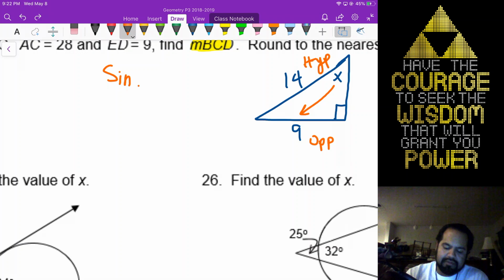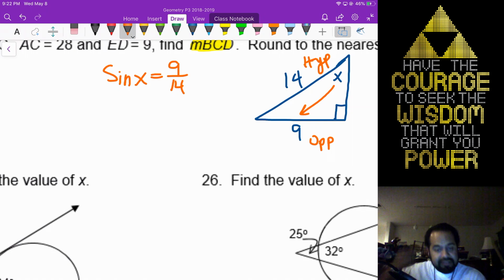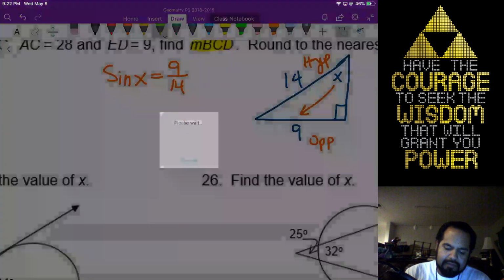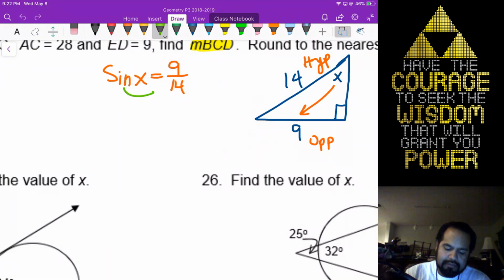Sine of x. Okay. So we have sine of x equals 9 over 14. To get x by itself, we have to use inverse sine. So then x equals inverse sine of 9 over 14.